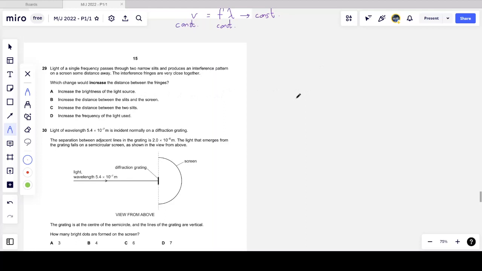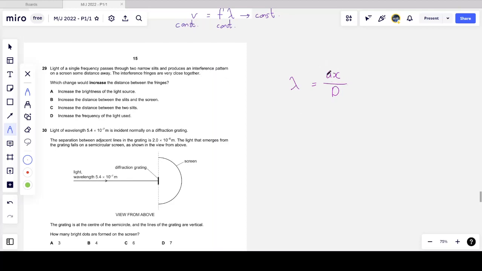Okay, so if I wanted the distance between successive fringes to change, what would I need to do? Okay, so I know that lambda is equal to ax over D, where in this case, a is the separation between the slits.